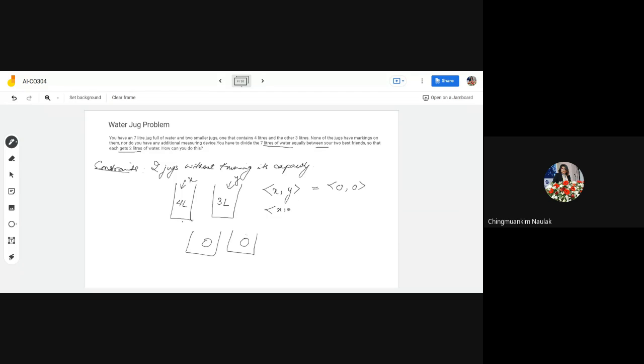Now let's go to the next step. You fill the second jar with 3 liters. Now what do you have in the jars? You have 0 here and 3 here. Next, let's try to make both of them equal, so now it is time to fill this jar.